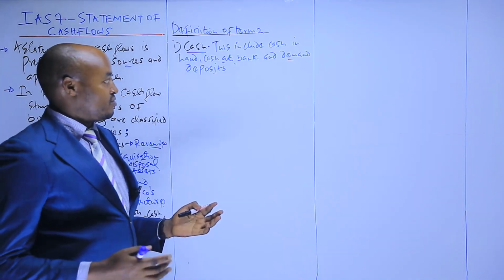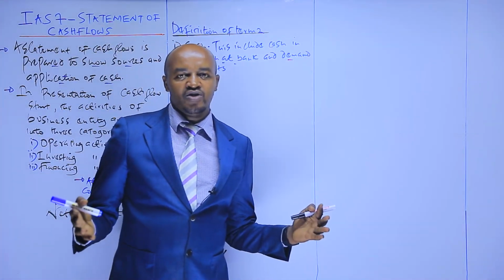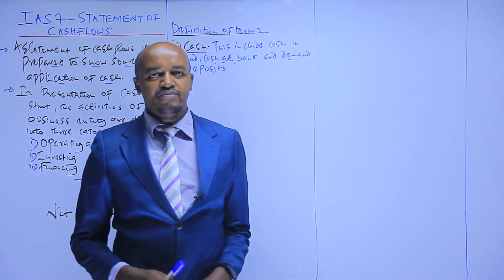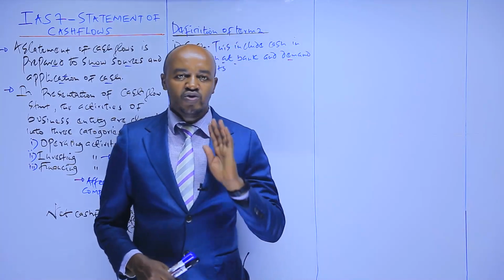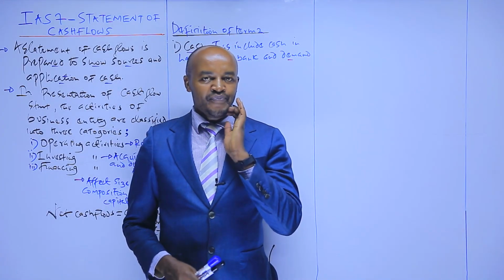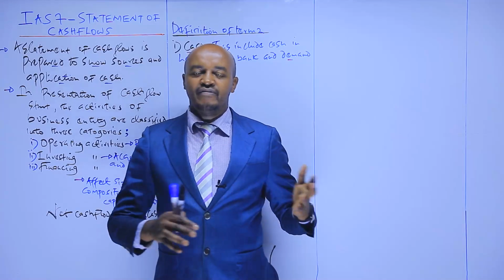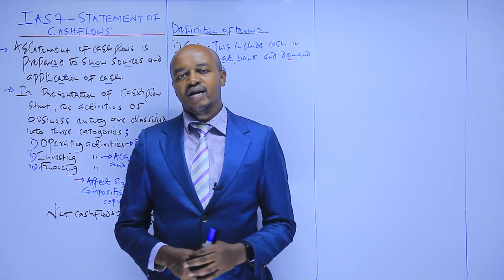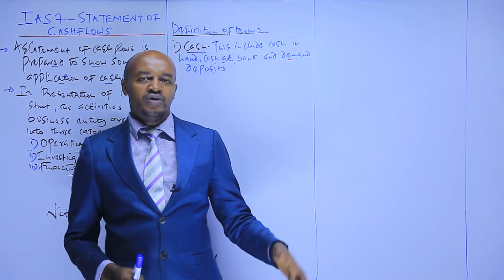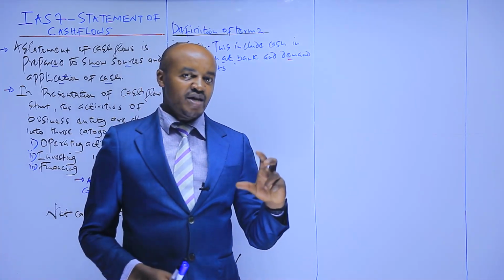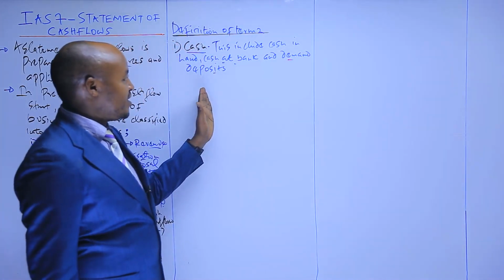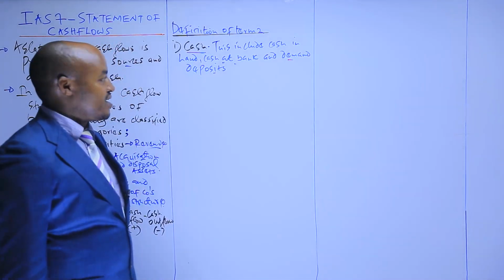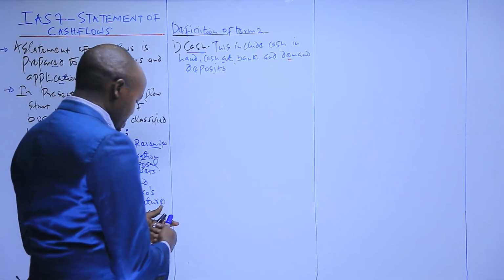If you have money in your fixed deposit account, for you to access that money, you have to notify your bank, and you can only access it maybe within 2 or 3 working days. Such money held in a fixed deposit account or in a money market fund, we refer to as demand deposit.